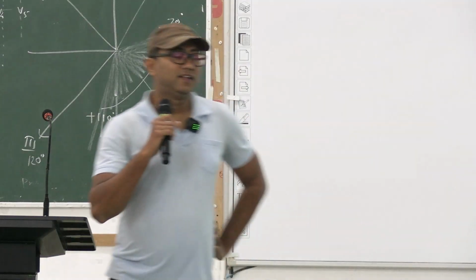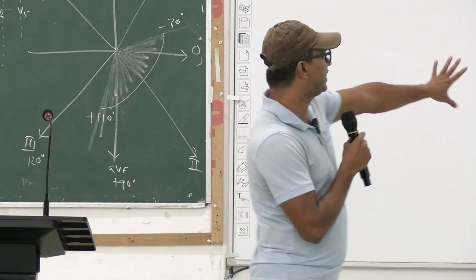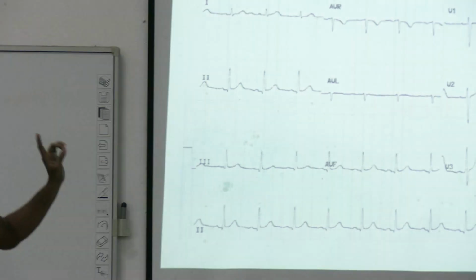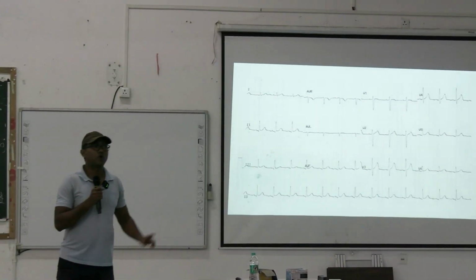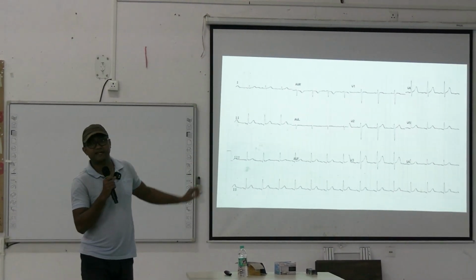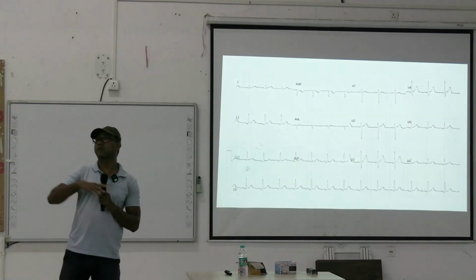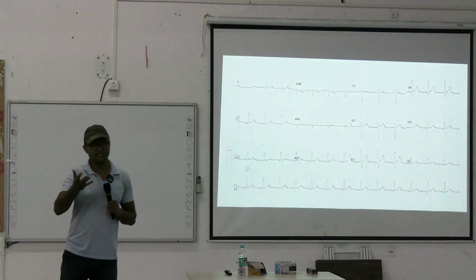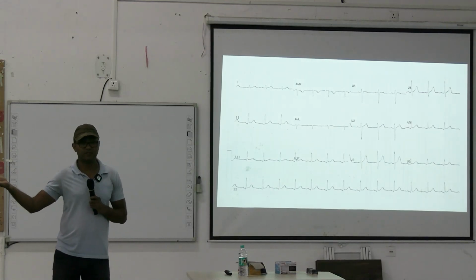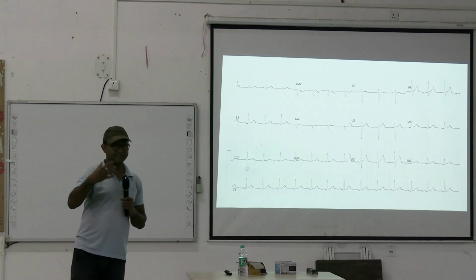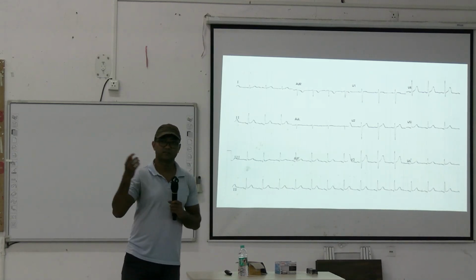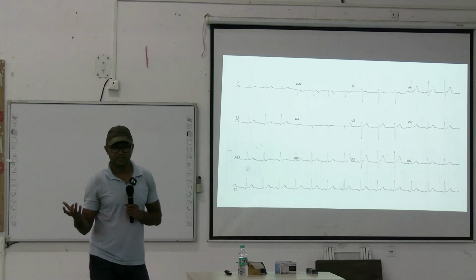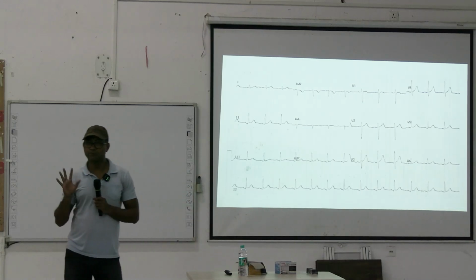No. Just looking at the ECG, you need to comment whether the axis is normal, or there is left axis or right axis. But for your MBBS practical or examination purpose, you need to calculate the exact axis by means of a protractor, a scale, a pencil. So, you need to learn both.